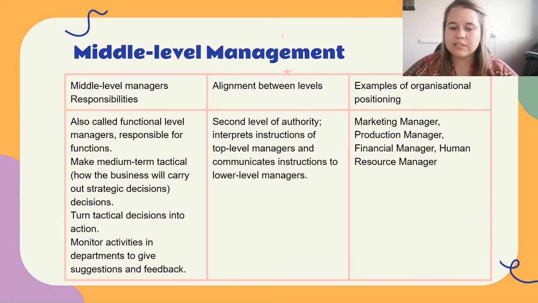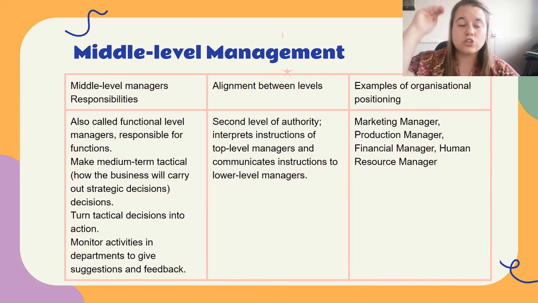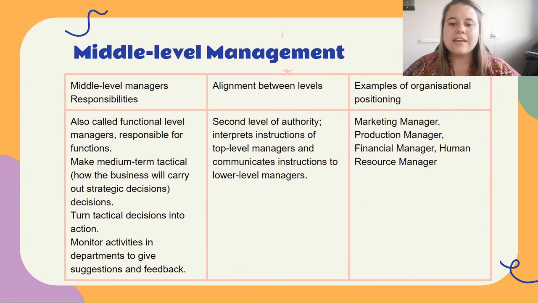They monitor activities in departments to give suggestions and feedback. When you're looking at the alignments, they are the second level of authority. You've got the top level management, and now this is the middle level management. They interpret instructions from top level managers, and they communicate the instructions to the lower level managers. Examples of these types of positions: a marketing manager, a production manager, a financial manager, and a human resource manager.